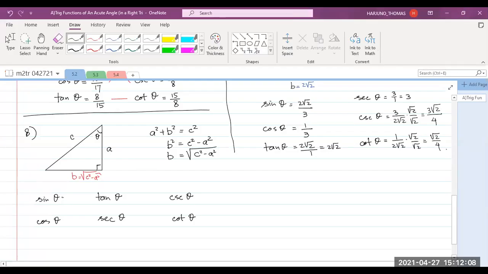Okay, sine theta, the opposite of theta, is square root of C squared minus A squared over hypotenuse C. Cosine theta is the adjacent over the hypotenuse. Tangent theta is the opposite of theta over adjacent. Secant theta is the reciprocal of cosine.